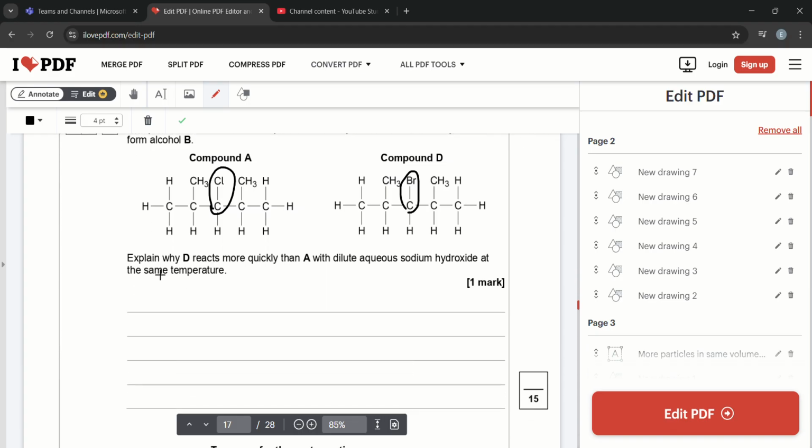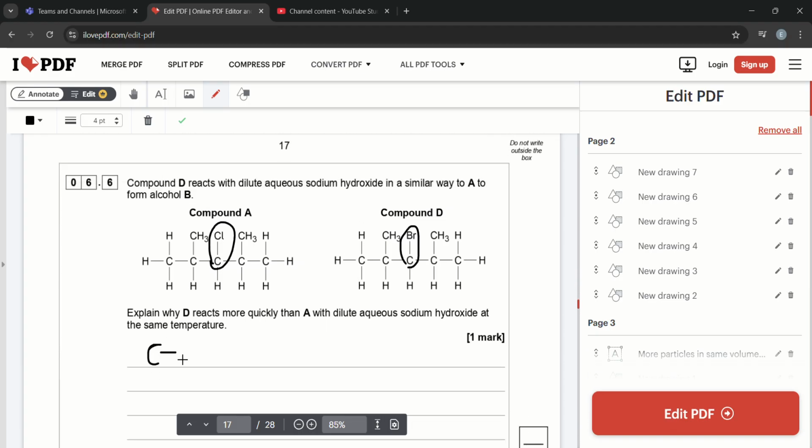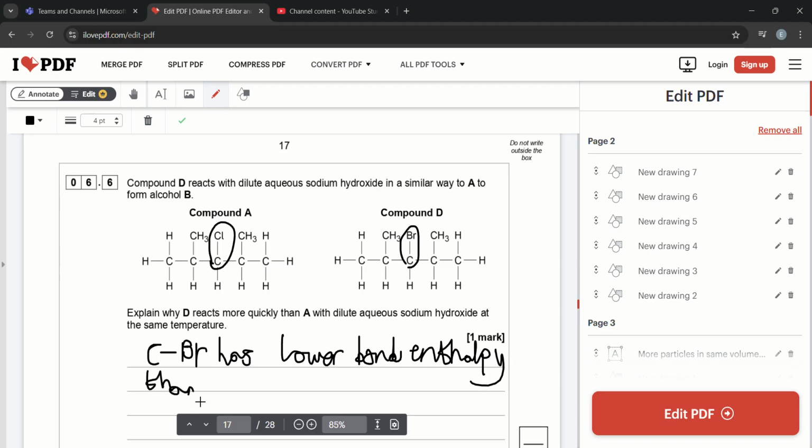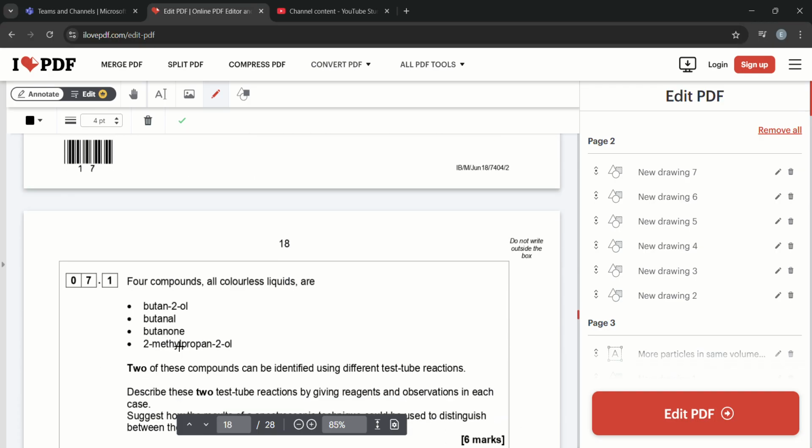Once I've spotted that, I should know that the C-Br has a lower bond enthalpy than C-Cl. That's it. And then you could say, therefore, the C-Br bond breaks more easily, therefore faster substitution, therefore D reacts more quickly. And that is the end of question 6.